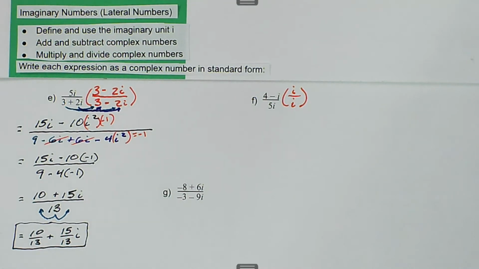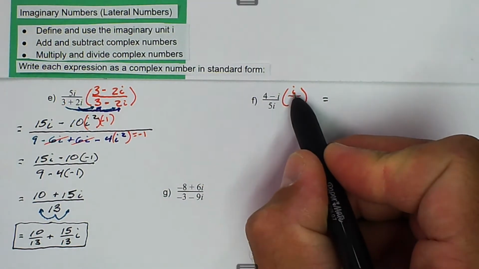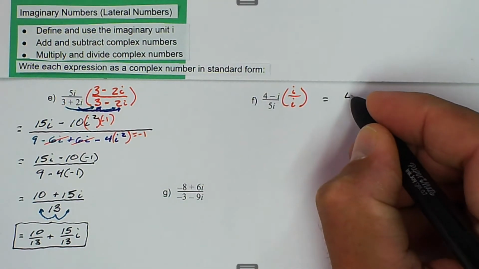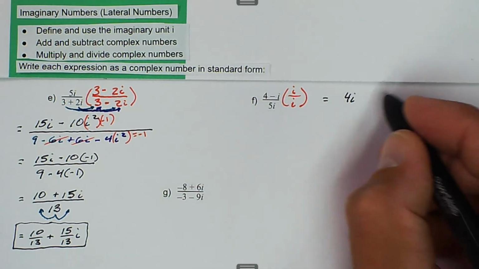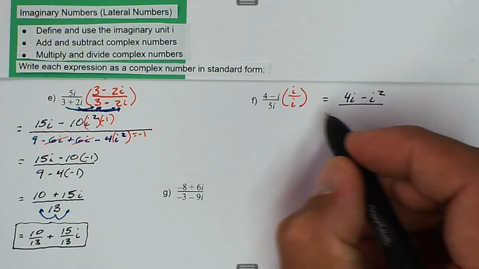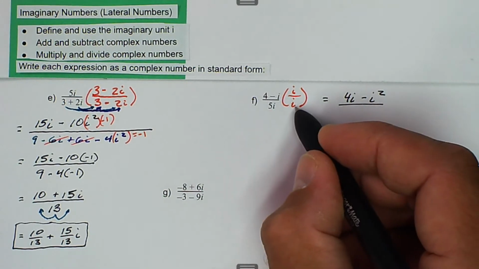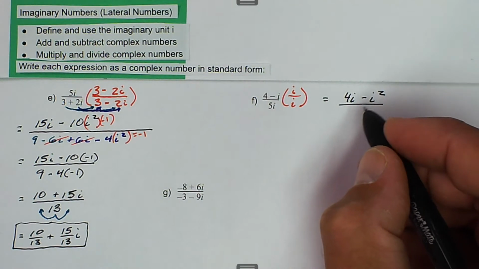So when we multiply, we need to distribute. So 4 times i is 4i, and negative i times i is negative i squared. And then 5i times i is 5i squared.